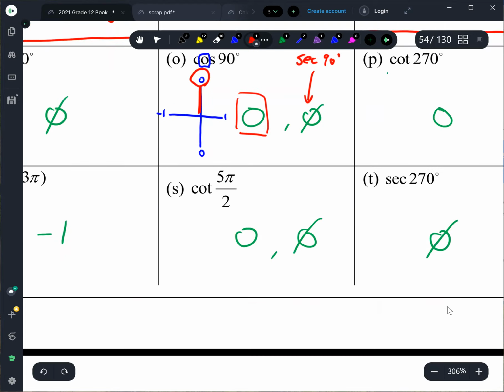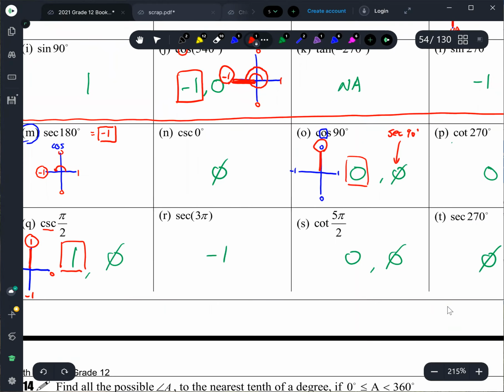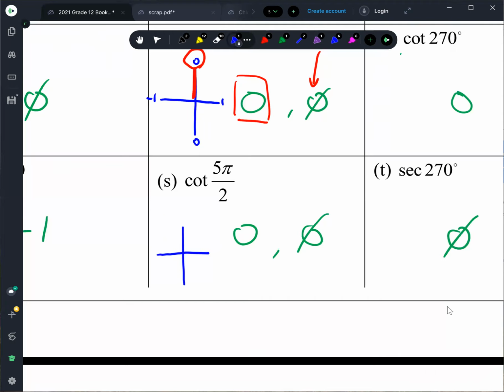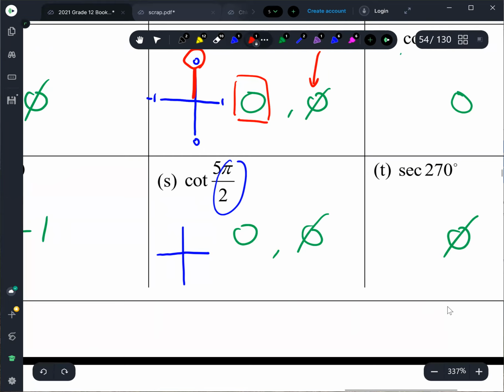Okay, next one is S. Okay, S, we have 5 pi over 2. Okay, so if you have trouble here, it might be because of how to draw the angle. Okay, you think about it's over 2, right? Pi over 2 is 90. You want 5 of them, right? 5 pi over 2. So yeah, pi over 2, 2 pi over 2, 3 pi over 2, 4 pi over 2, 5 pi over 2.